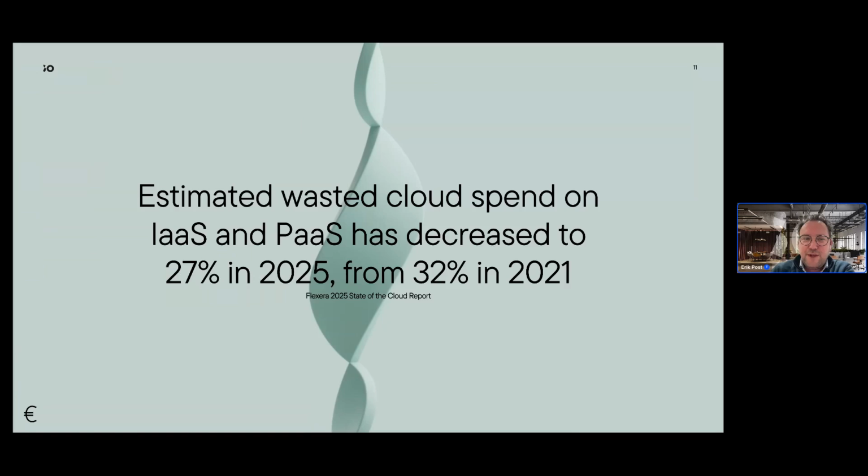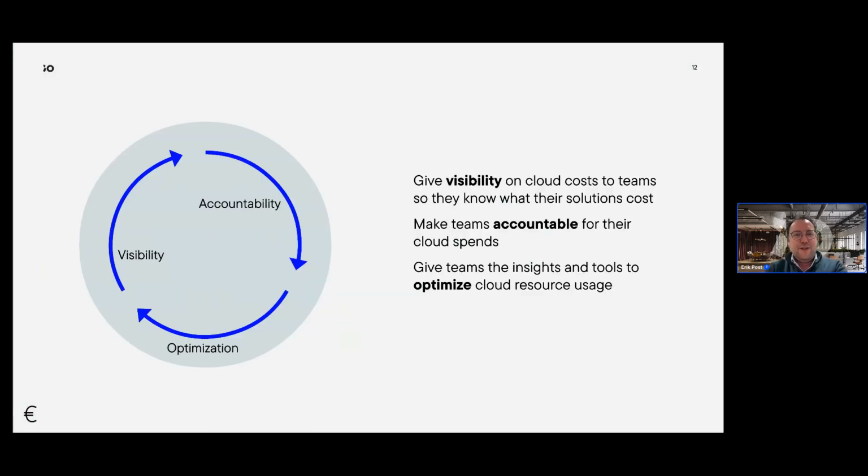So that's costs you make for cloud resources that you don't actually use, or that don't contribute to your business value. And while it's down from like 4 years ago, it's still quite a lot. It's over a quarter of the costs that are waste. So what can you do to make sure that waste is reduced or even eliminated?